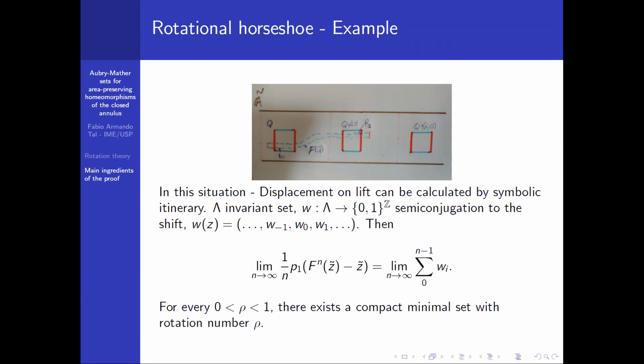If the average is below, you add a 0. So you start with 0, then you need to put a 1, then 0, 0, 1, and you take this sequence and then the closure of its orbit. This is going to be a minimal set, and the rotation number of every point in this minimal set is going to be the rho that you want. So that's the easiest way. Okay, thank you.